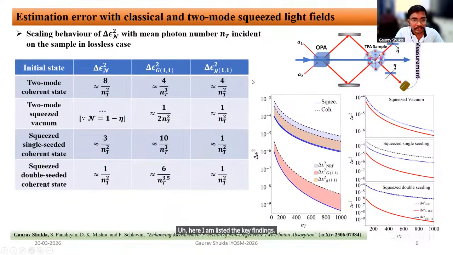So using this standard error propagation formula and the observables, here I have listed the key findings, and these results are in terms of the mean photon number that we consider incident on this sample.